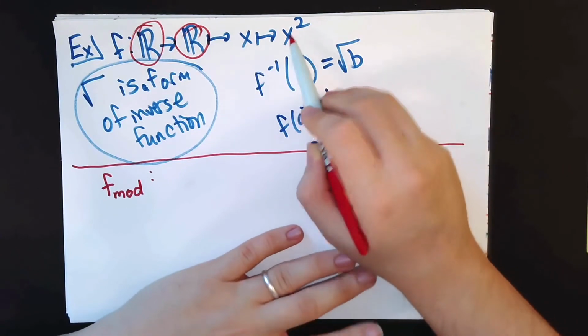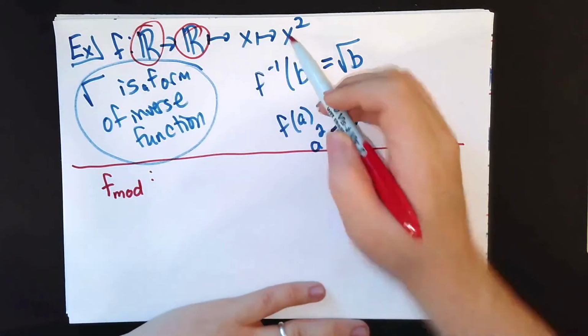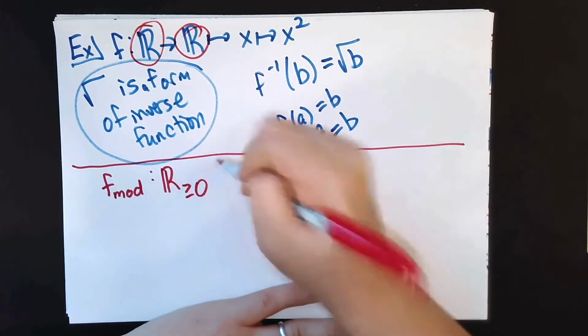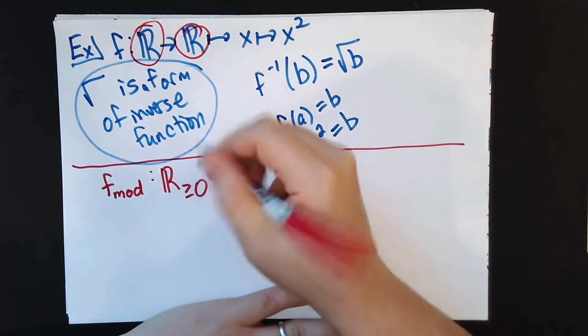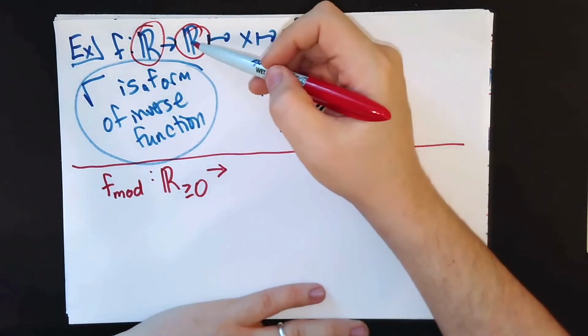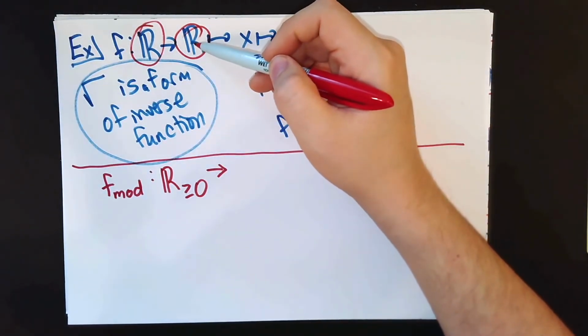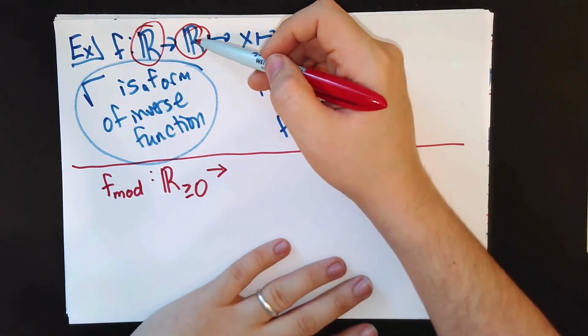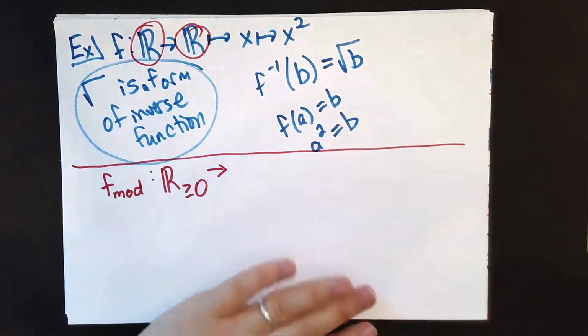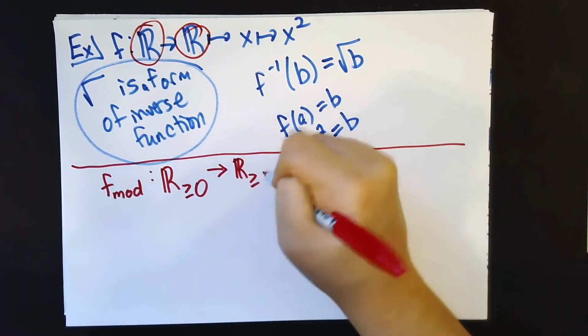And so I can't have both positives and negatives. And so I want to change my domain here to only include positive numbers and 0. In order to make it onto, I need to only include the outputs that are squares of something. And so which real numbers are squares of something? As it happens, that's also the non-negative real numbers.